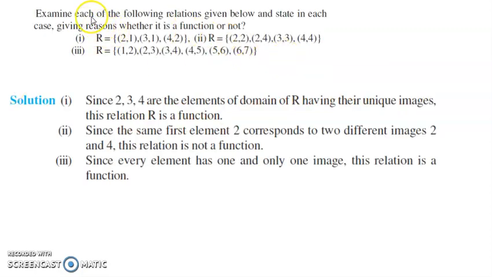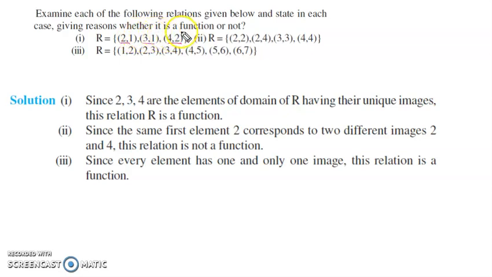In this example, examine each of the following relations and state, giving reasons, whether in each case it is a function or not. Look at the first: R is 2, 1; 3, 1; 4, 2. The first component in each ordered pair is the domain, and each value is distinct.